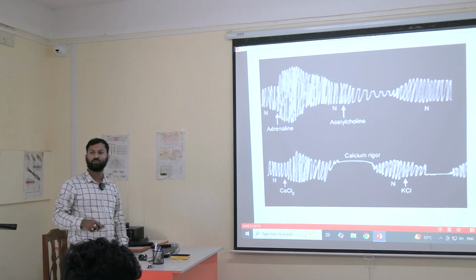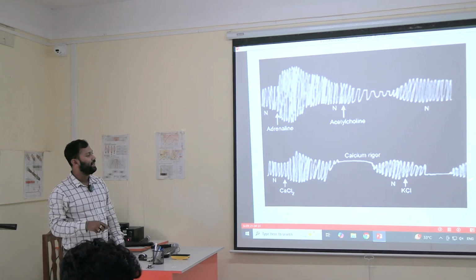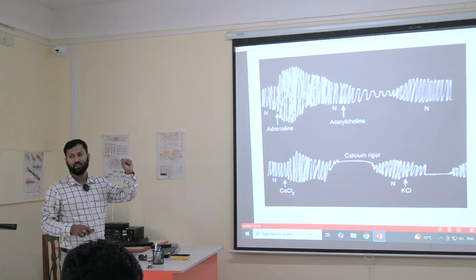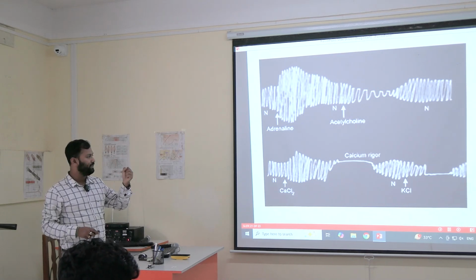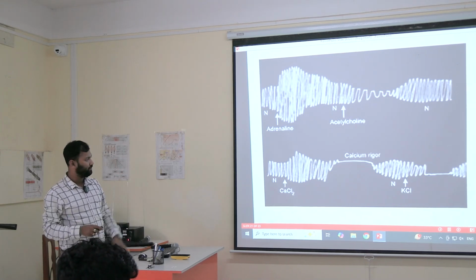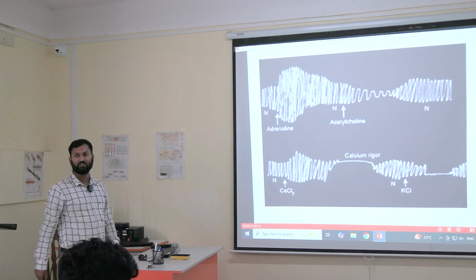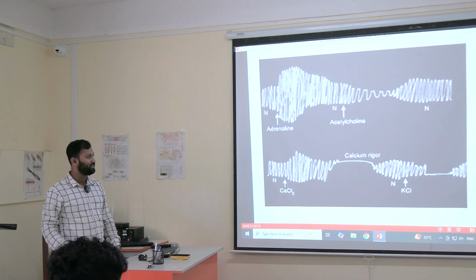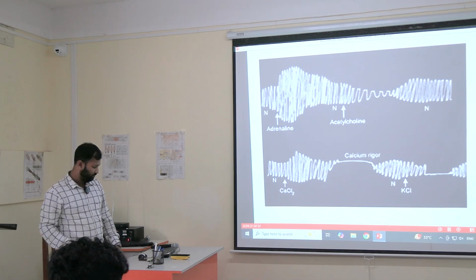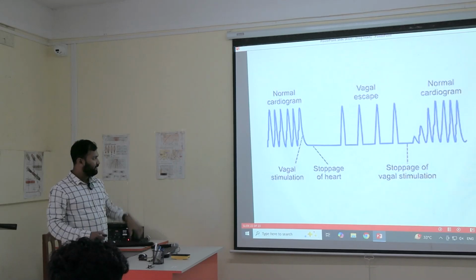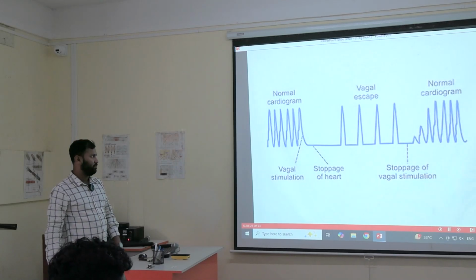Earlier the heart used to stop at systole, now the heart will stop at diastole. And when we remove the KCl solution, when we remove the potassium, then the heart will go back to normal. Now we will be seeing the effect of vagal stimulation.